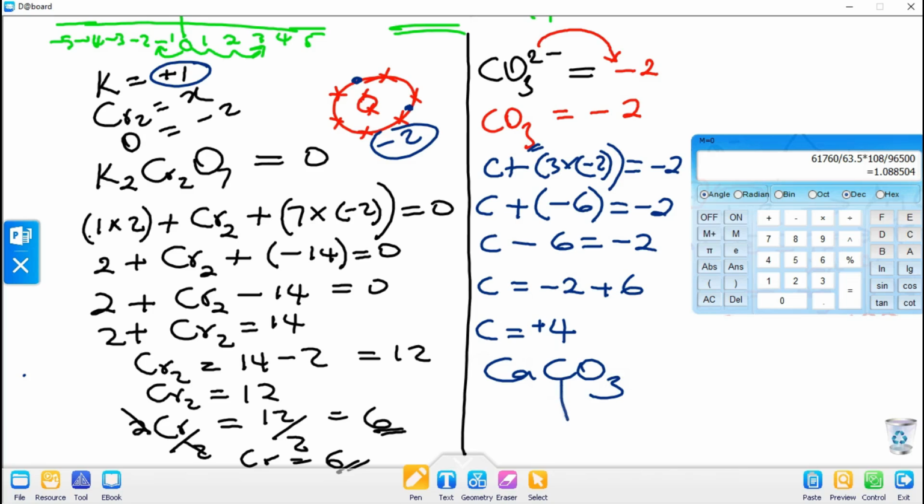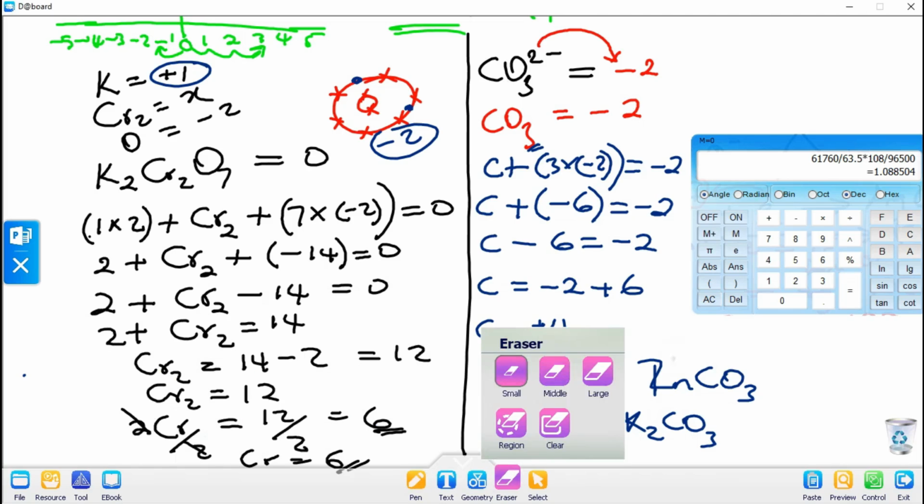Carbonate 4. This is also called zinc trioxocarbonate 4. Potassium trioxocarbonate 4. So you can see all these carbonate salts will always end in 4.